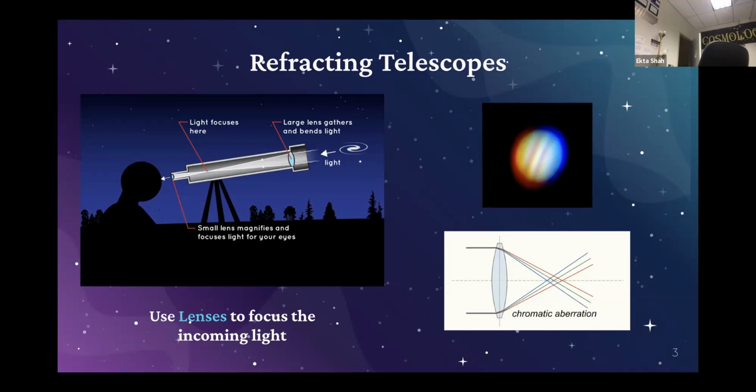But then a year later, Galileo had his own design, and that was, I think, 20 times more magnifying than the first telescope. So he pointed it to the sky, and that's when the whole history of looking at the sky through a telescope began. So this is more like a traditional case.